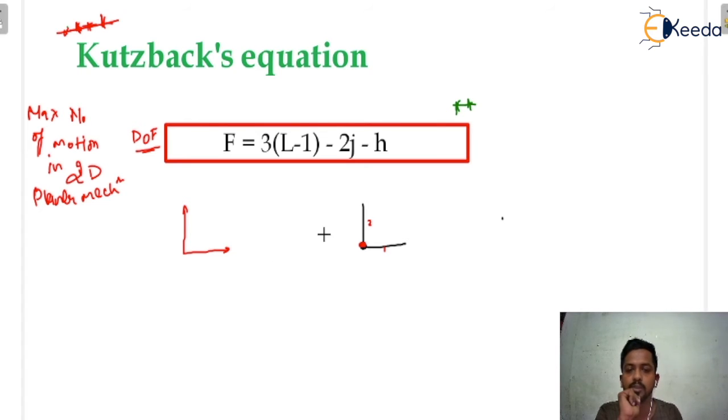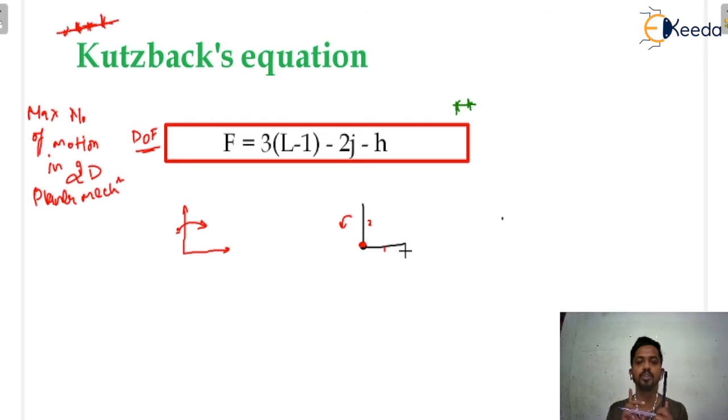Only one type of motion is possible, that is rotation in the xy plane. Yes or no? For example, if I consider this joint here, this is a binary joint.